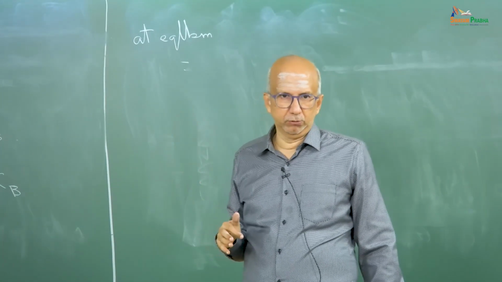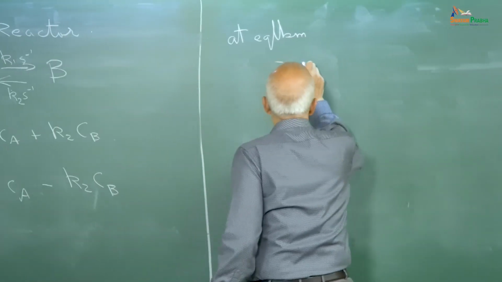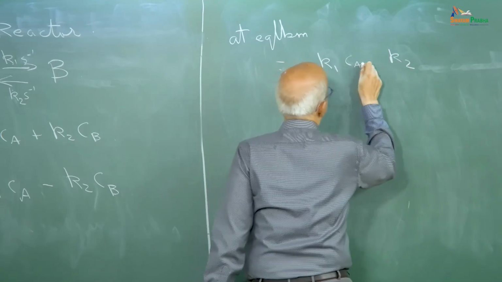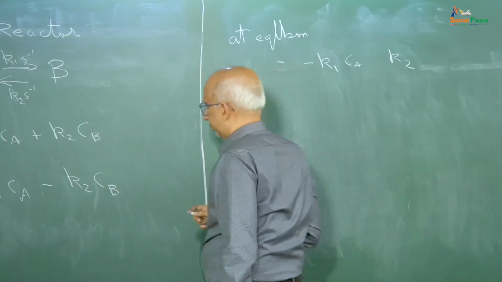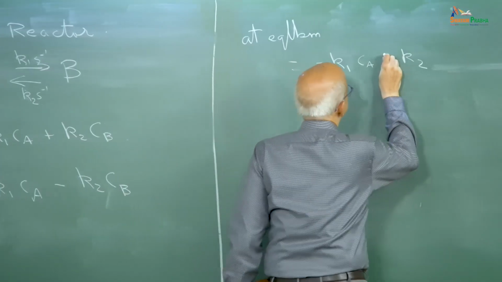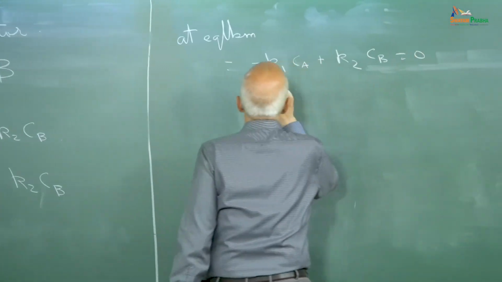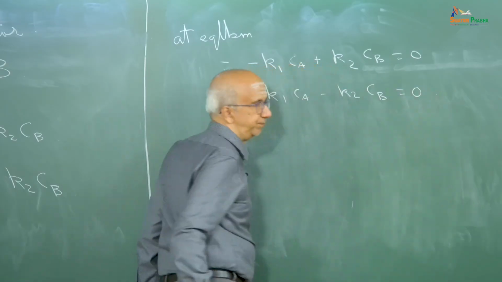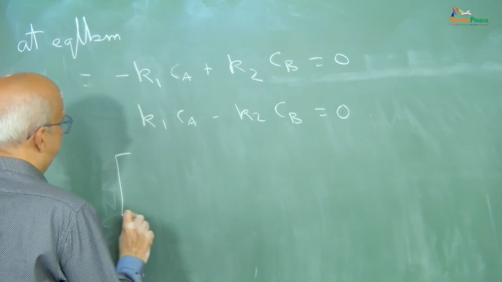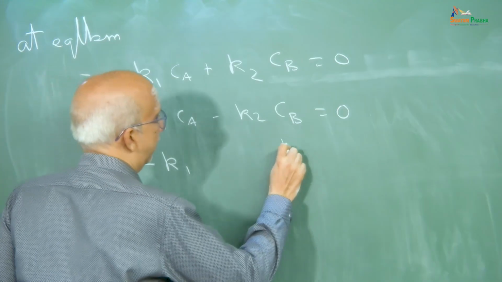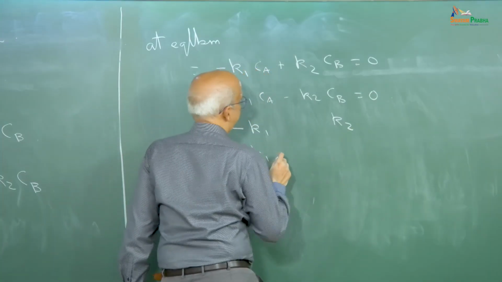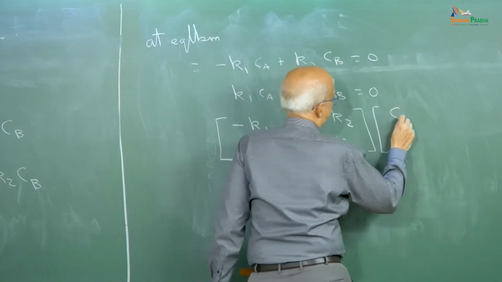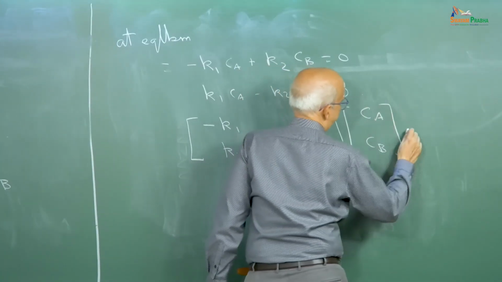So, I put the derivative equal to 0, and I get minus K1 Ca plus K2 Cb equals 0, K1 Ca minus K2 Cb equals 0, and I can write this in a vector form, the matrix [minus K1, K2; K1, minus K2] times [CA, CB] equal to 0.